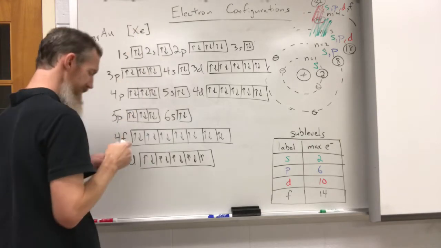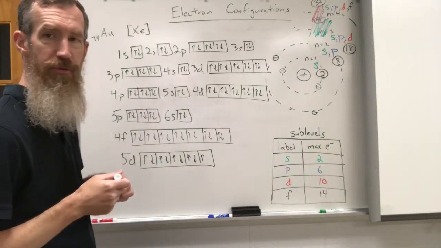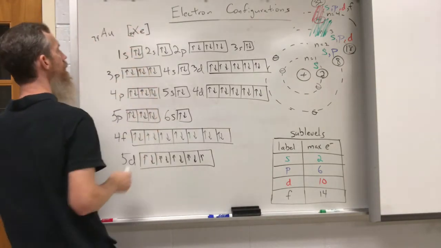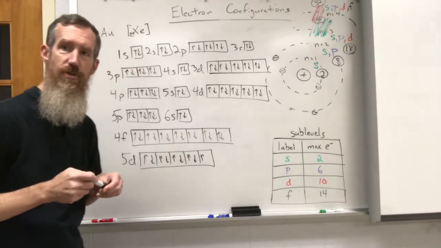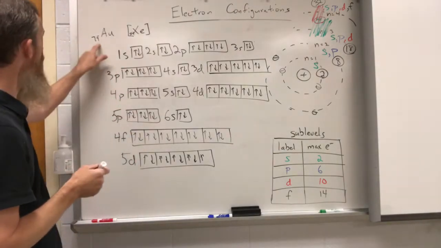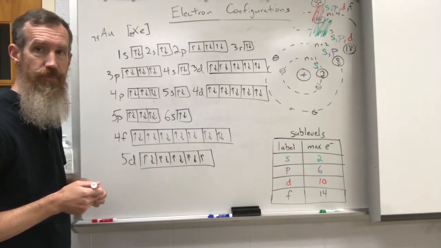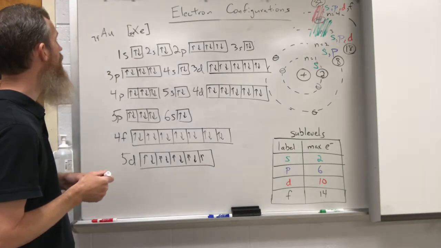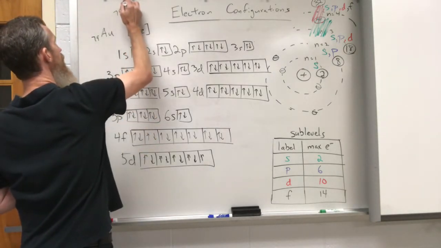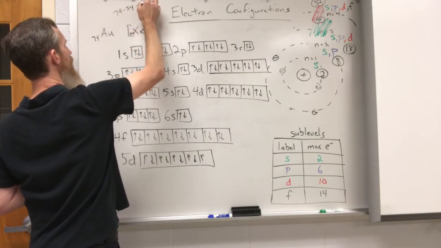I'm going to put it in brackets. Now, xenon has 54 electrons. That means I do not have to map 54 of the 79 electrons. I have 79 minus 54 equals 25 electrons to map.